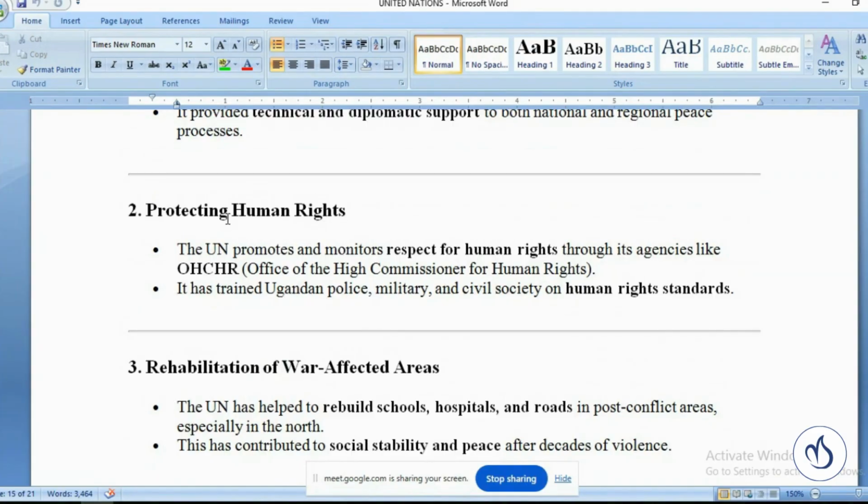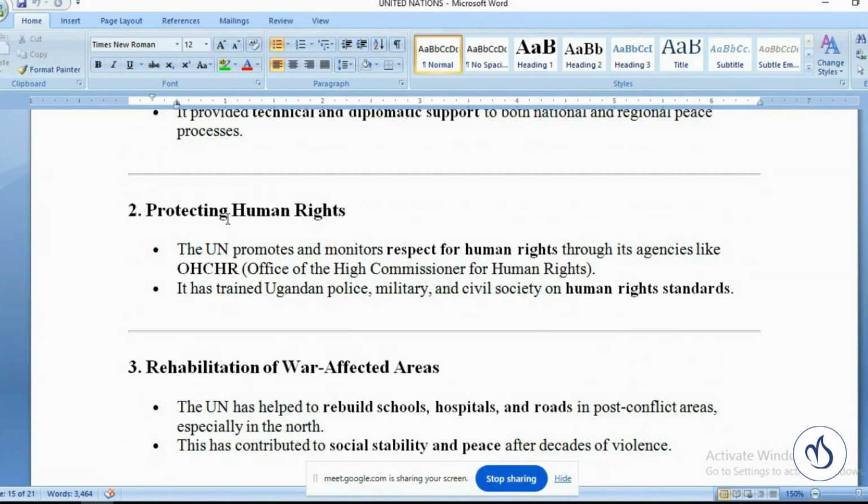People are not to be arrested, not to be abducted, and not to be harassed. People who normally violate human rights include the military, the police, and the armed people.